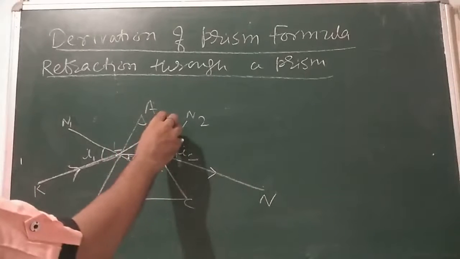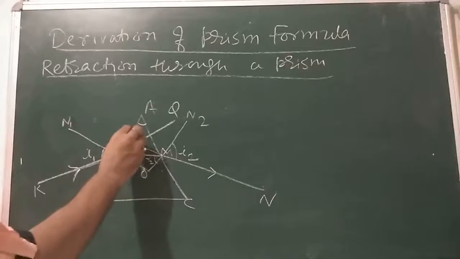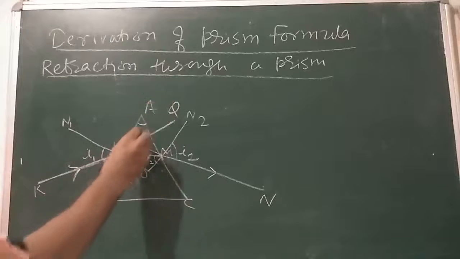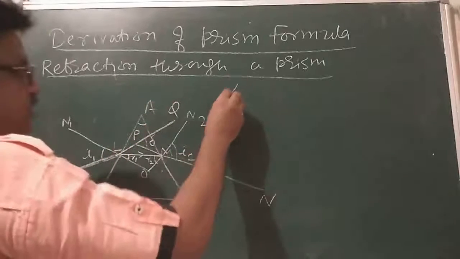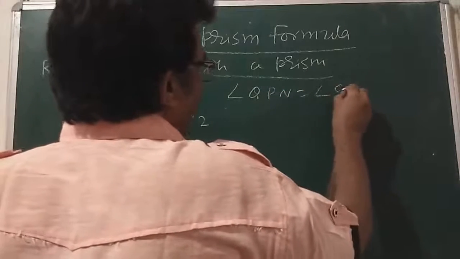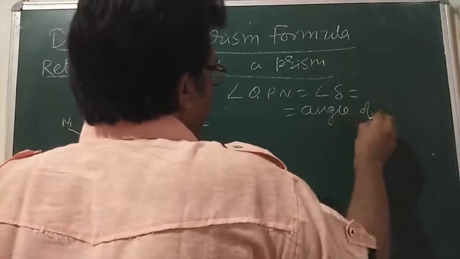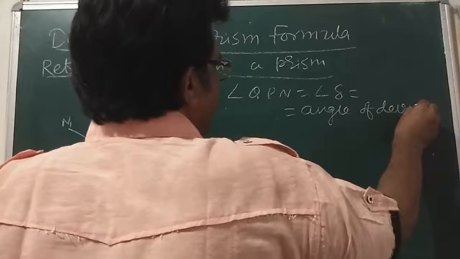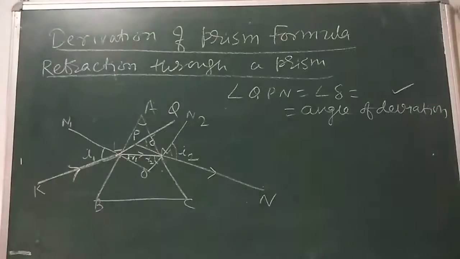Here it is Q, and here is P. QPN is called the angle of deviation. Angle QPN is equal to angle delta. This is the angle of deviation.